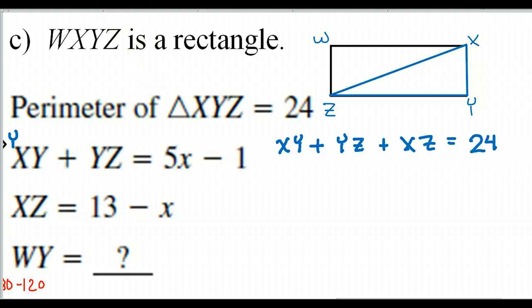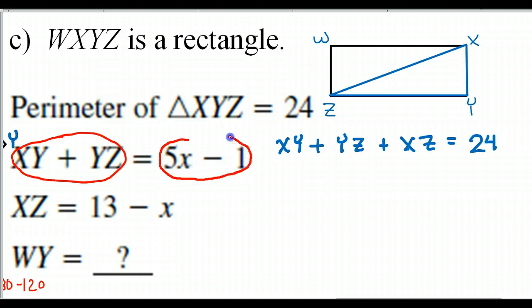Okay, but they've given us some additional information that we need to consider. For example, they've given us that the sum of XY plus YZ is equal to 5x minus 1. Well, look, XY plus YZ is right here.